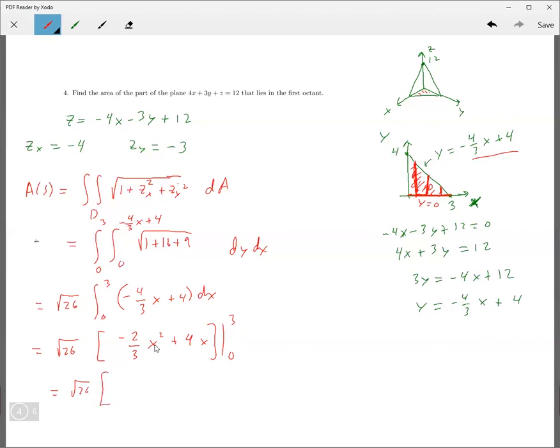So put a 3 in. This is -6 plus 12 minus 0. So 6 root 26. Okay, so 6 times the square root of 26.